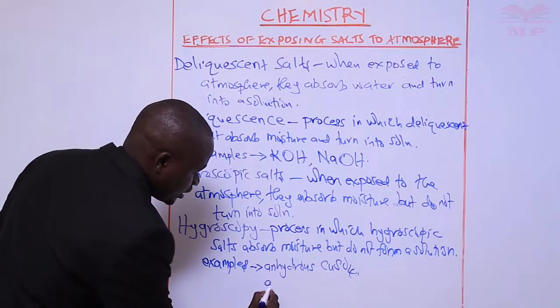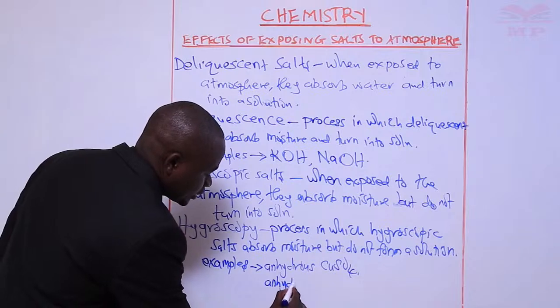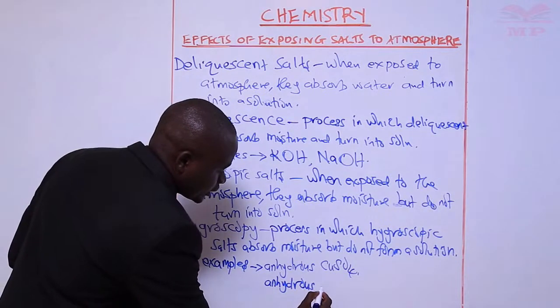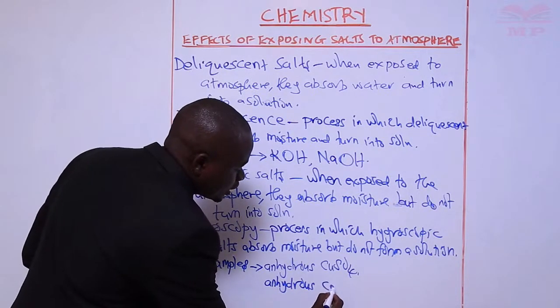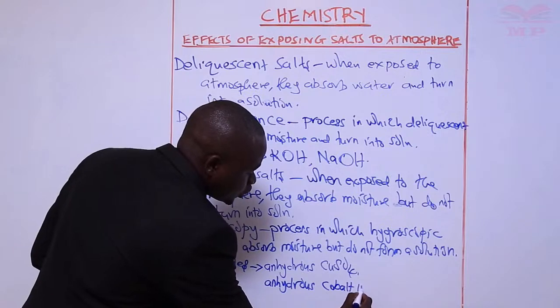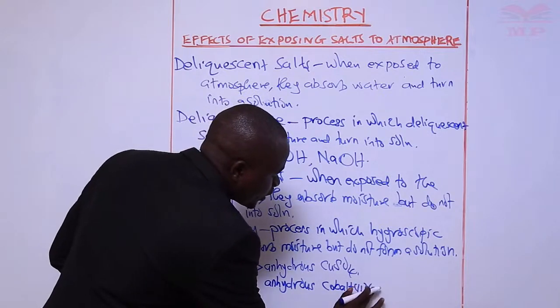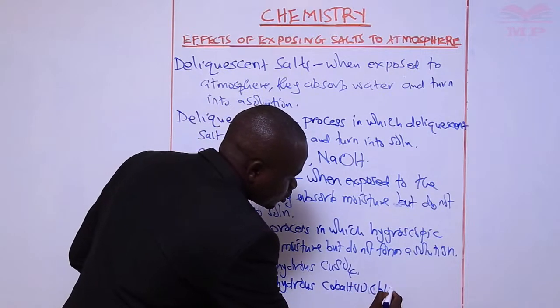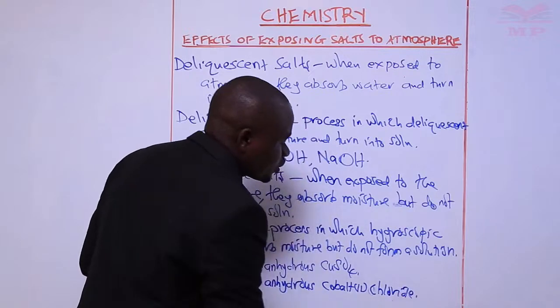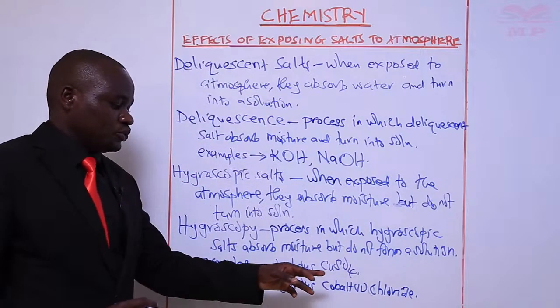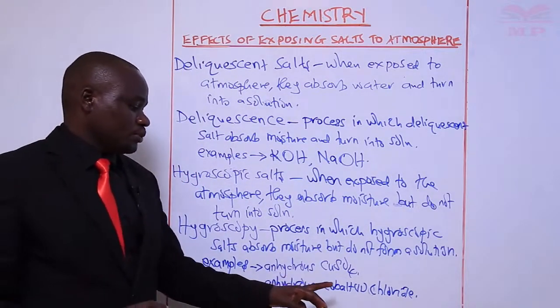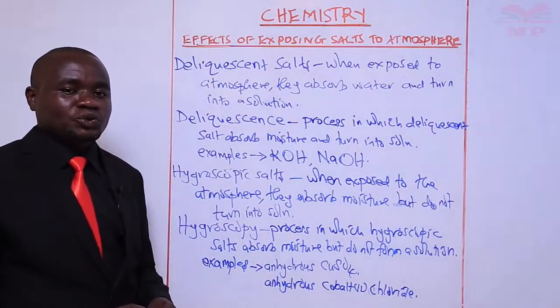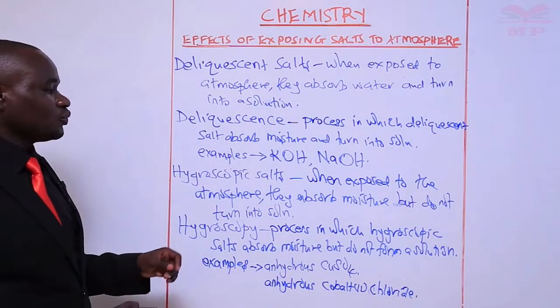Another example is anhydrous cobalt 2 chloride. This one also, when exposed to the air, will absorb moisture but will not turn into a solution.